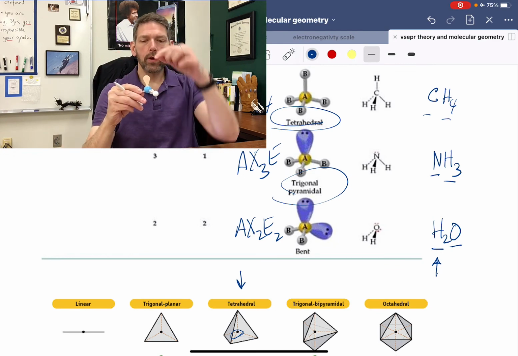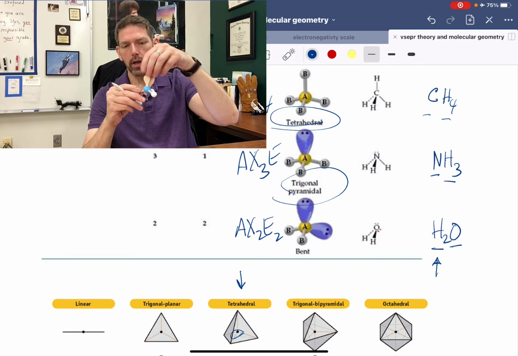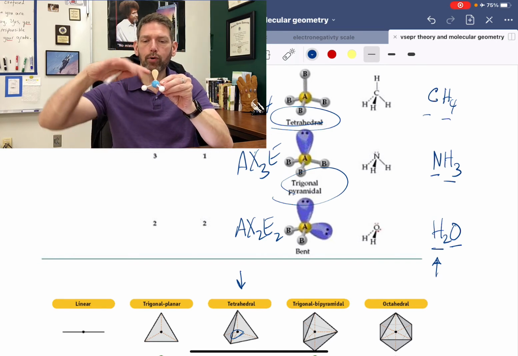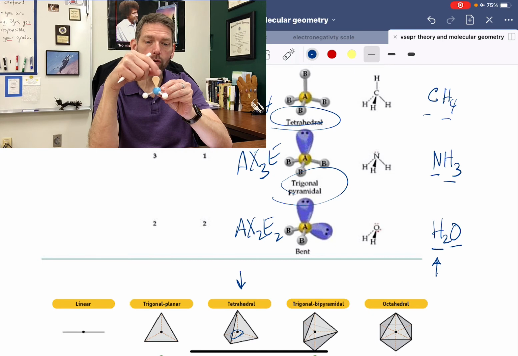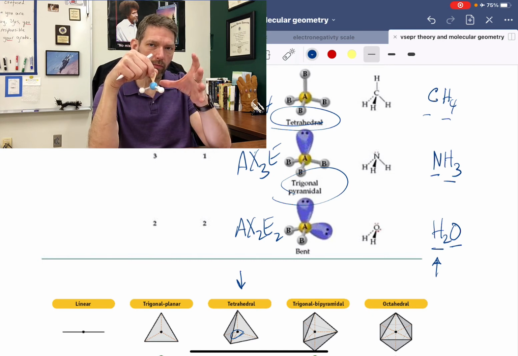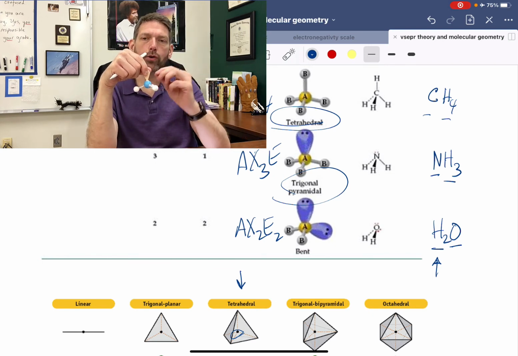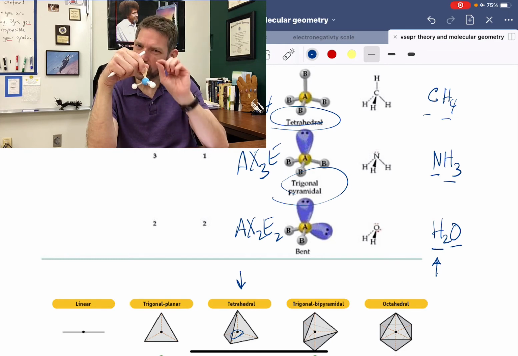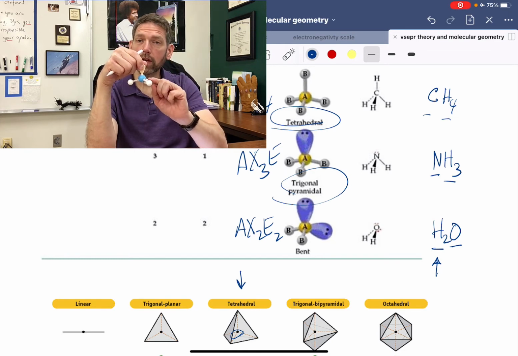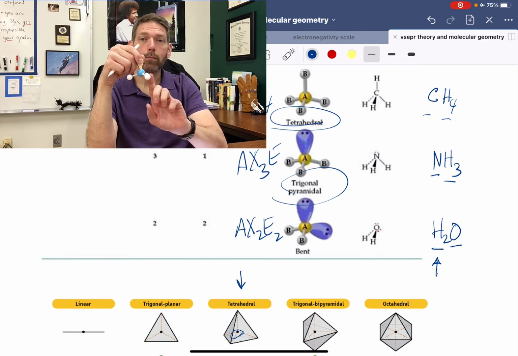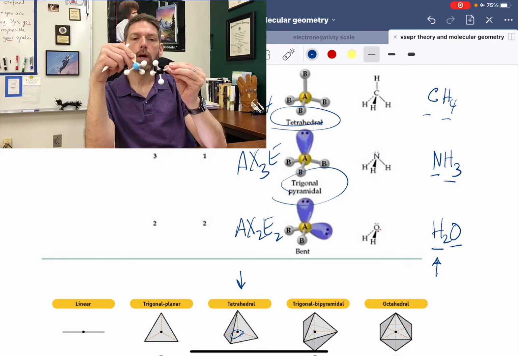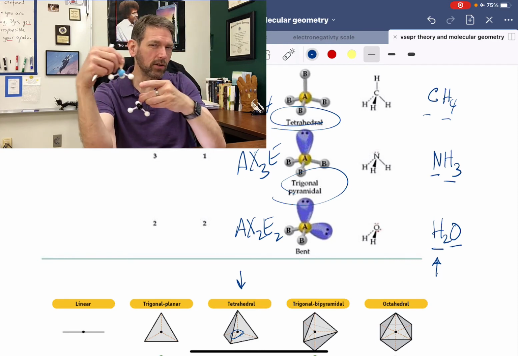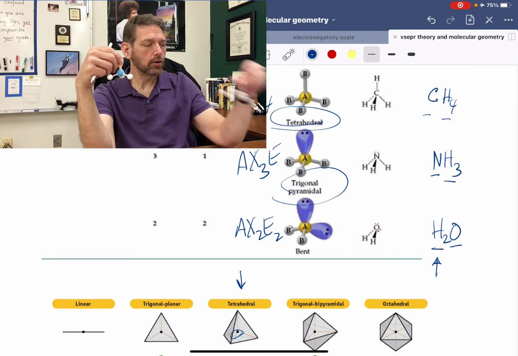So in the absence of this one atom right here, this lone pair right here, it keeps these angles down this way, but there's not an atom here that's taking up more space and pushing these a little further down. So what happens is the angles change just ever so slightly, and the angle that you get is about 107 degrees. So we go from 109.5 degrees to 107 degrees. It changes just a little bit. It decreases just a little bit.